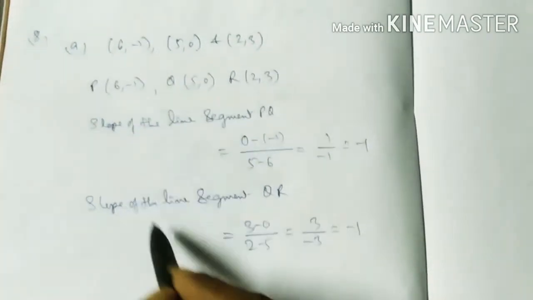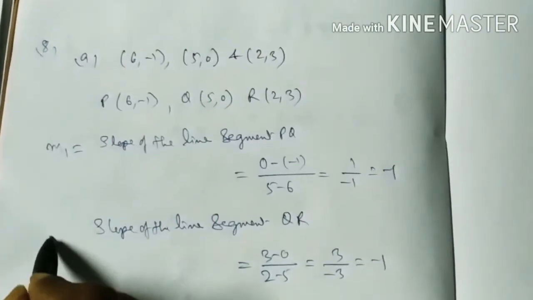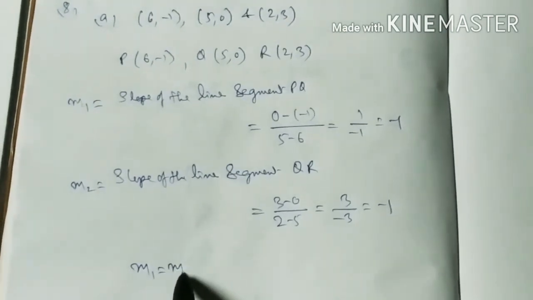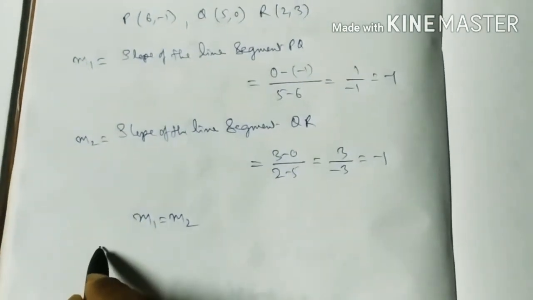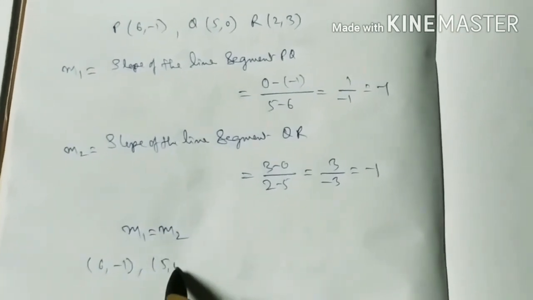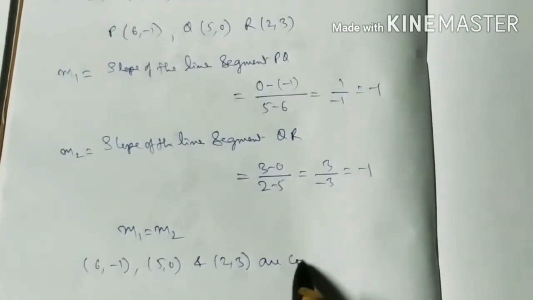So both these slopes are equal. Let this be represented as m1 and this be m2. So when m1 is equal to m2, we can say that 6 comma minus 1, 5 comma 0 and 2 comma 3 are collinear.